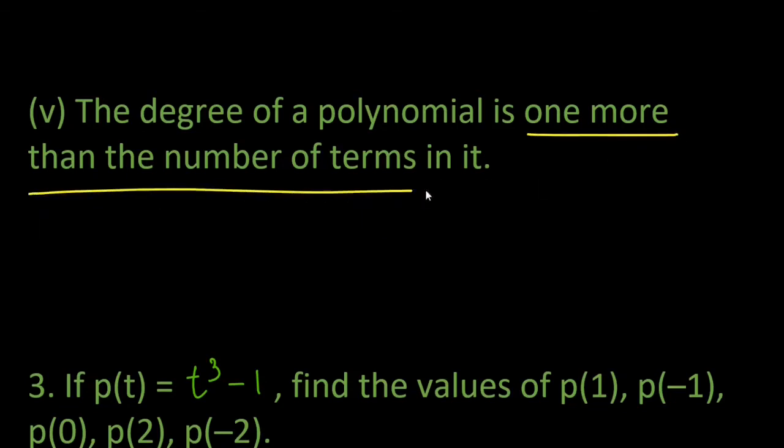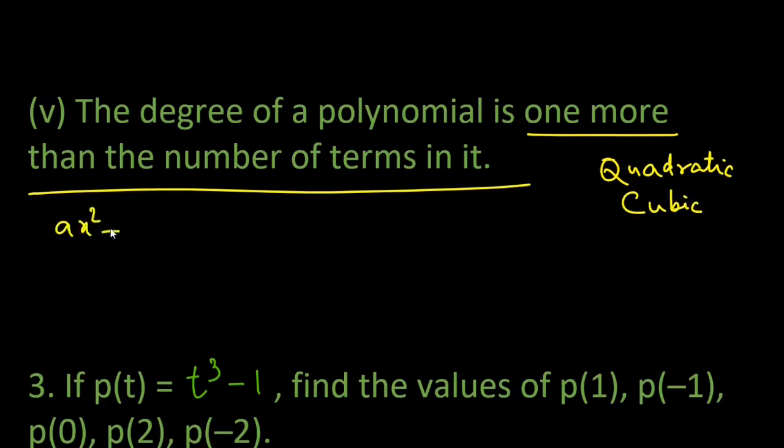The degree of a polynomial is one more than the number of terms in it. So generally, let us take, for example, a quadratic polynomial ax square plus bx plus c, or a cubic polynomial, whose general form is ax cube plus bx square plus cx plus d.